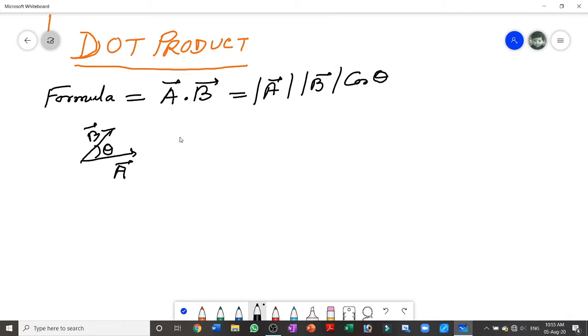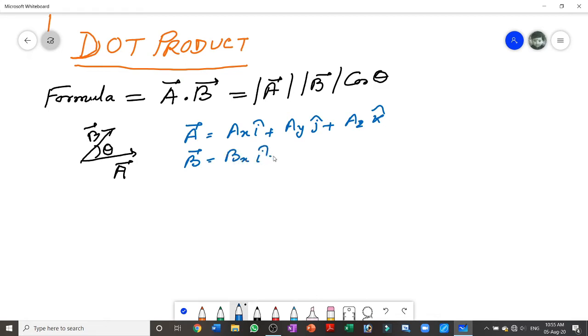Now let us assume that a vector is equal to ax i cap, ay j cap and az k cap, while b vector is given as b vector equals to bx i cap, by j cap and bz k cap.